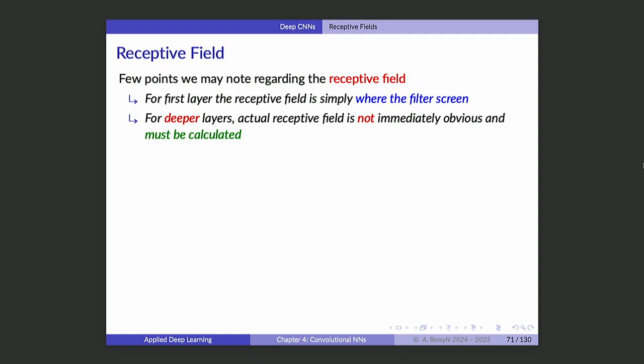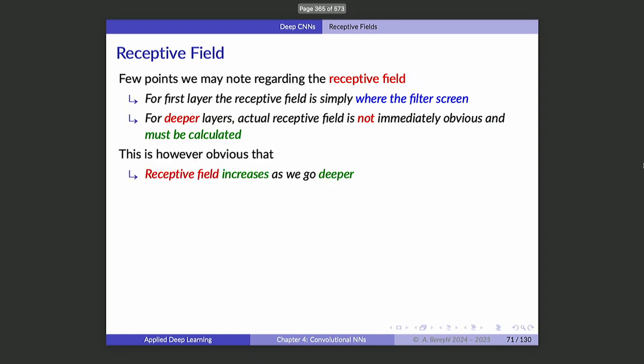But as you go deeper inside, then you're going to see that this receptive field is not simple anymore, right? So you need to somehow compute it. It's not a super complicated thing, but you need to spend some time, right? So for the first layer, it's quite simple. For deeper layers, you need to do some computation. That's okay, but really we don't need it in practice.